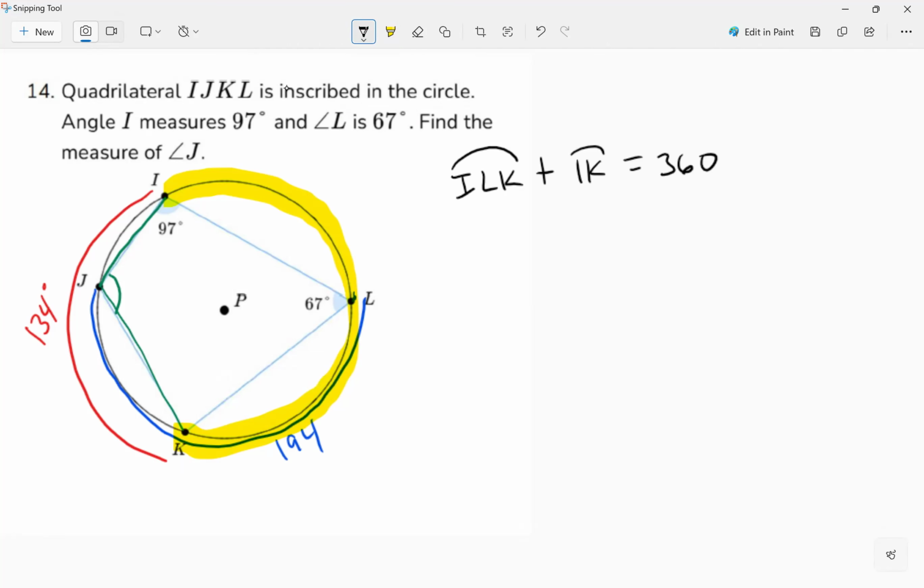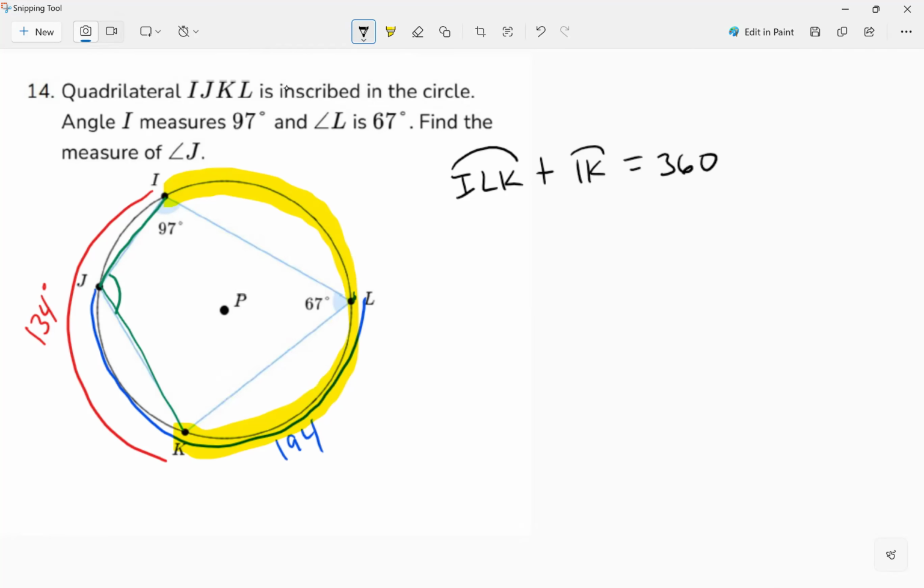I can say that, right? You guys can see that the arc that I highlighted in yellow plus the arc that I highlighted in red creates a circle. I'm really just trying to create a circle. So the blue arc, I'm not going to use. So it's equal to a circle, so it's equal to 360.